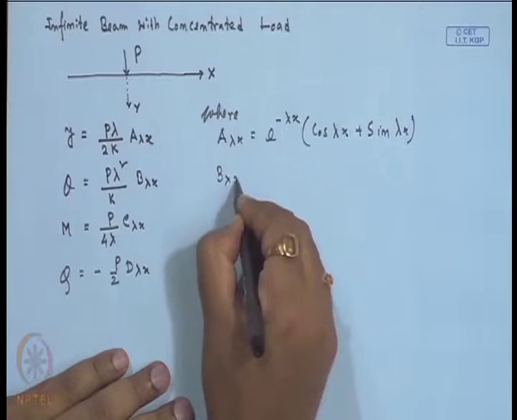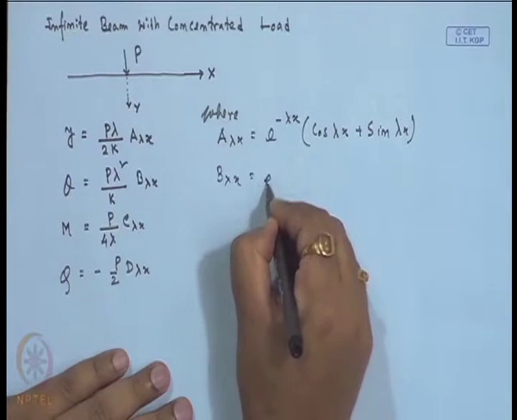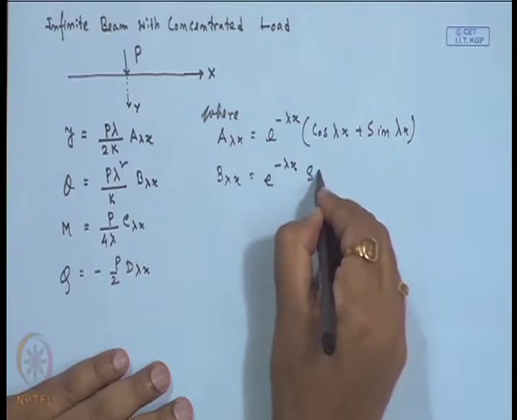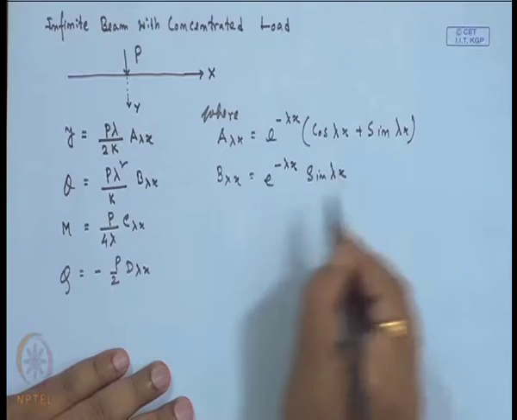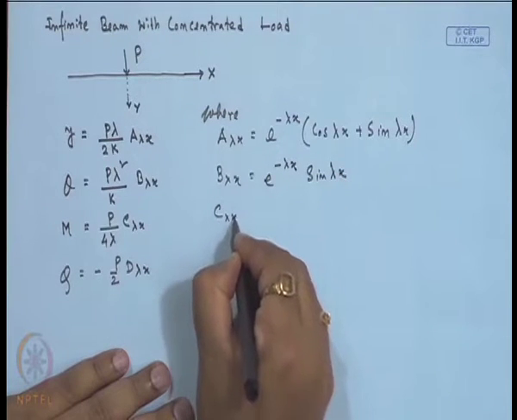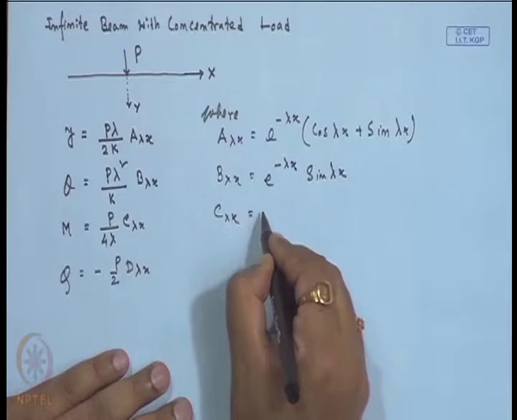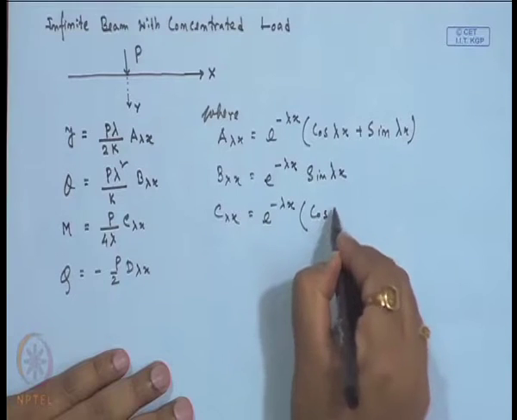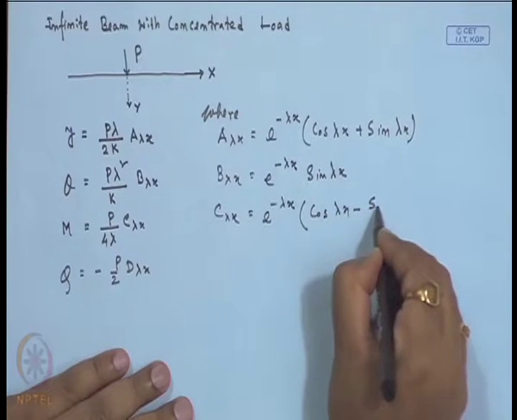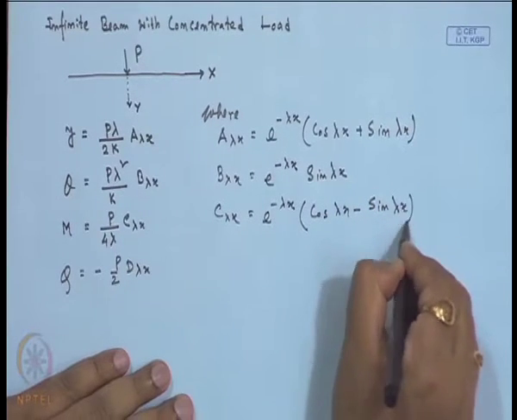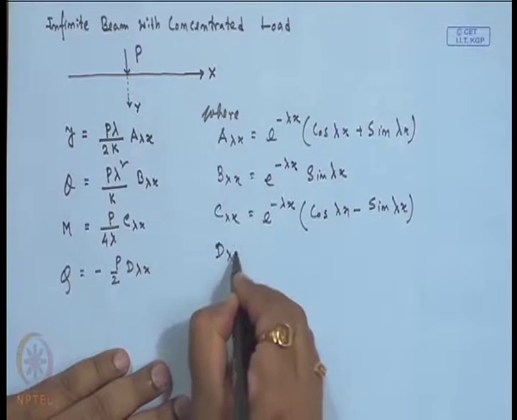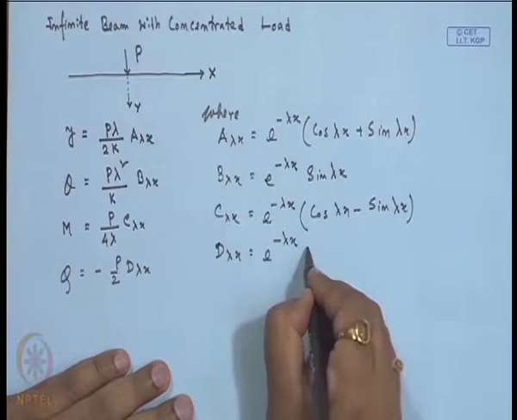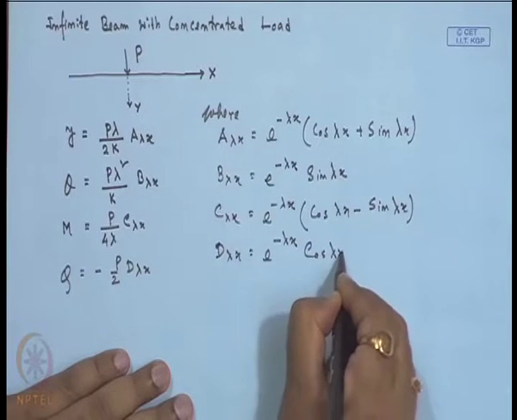Similarly, B lambda x was e to the power minus lambda x sin lambda x, C lambda x was e to the power minus lambda x into cos lambda x minus sin lambda x, and D lambda x was e to the power minus lambda x into cos lambda x.